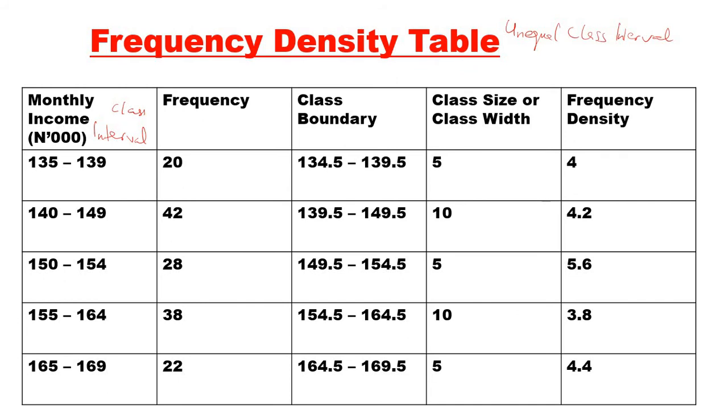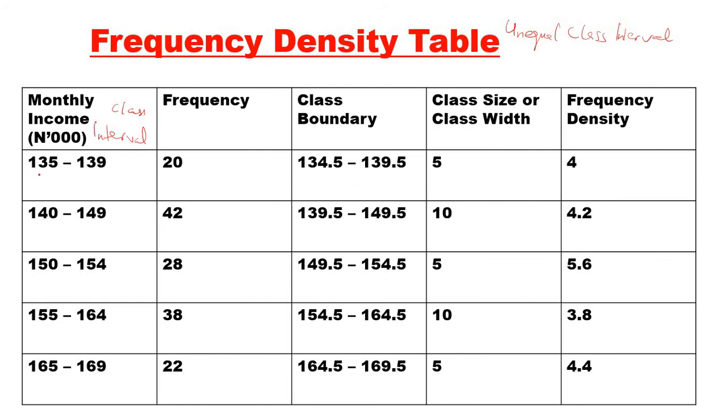Starting with class boundary, the first boundary we have is 134.5 to 139.5. So how do we get the boundaries?